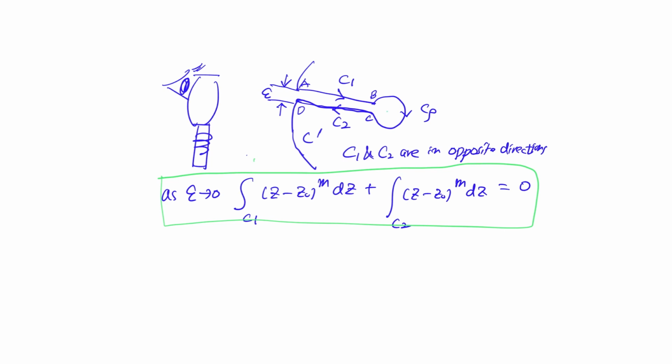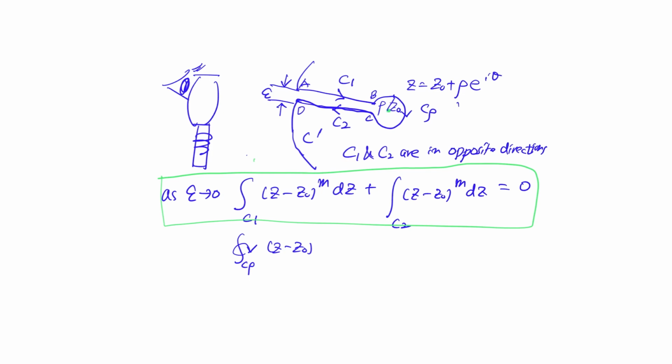And we have this point. See now. Also, this is clockwise 0. This is a unit circle. Z is Z naught plus rho exponential I theta.